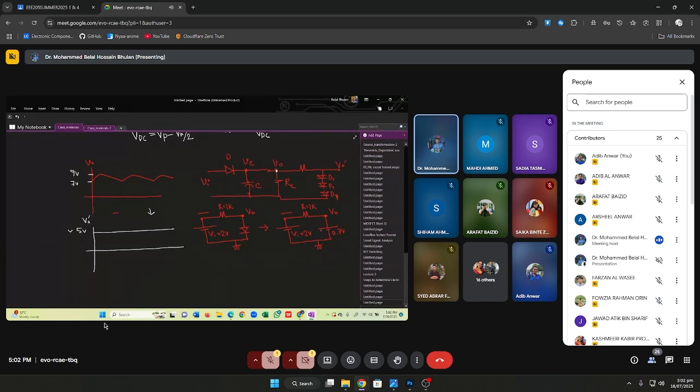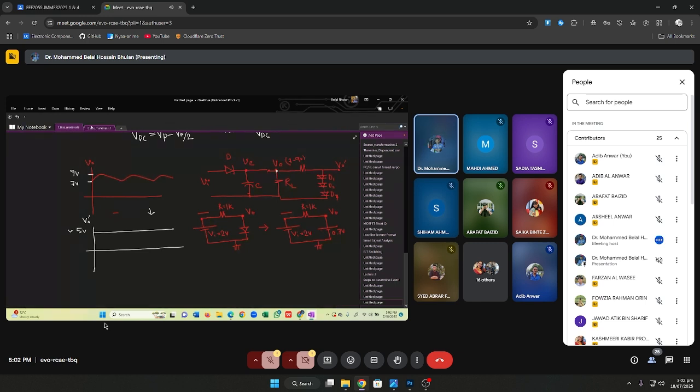From 7 to 9. V naught is 7 to 9 volt. So when it is 7 volt, what is the minimum voltage required to forward bias all the 7 diodes? 4.9. So it is forward biased for 7 volt. It is also forward biased for 9 volt. So it doesn't matter what value we have.